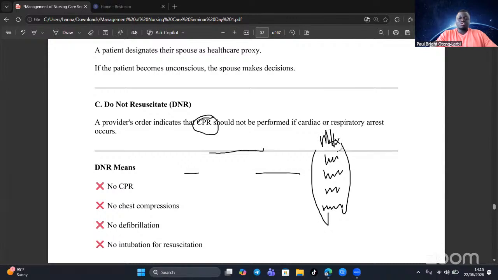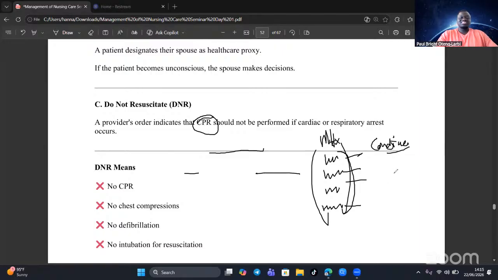So this patient with all these organ problems, if they should get cardiac arrest, I don't think even if you resuscitate him, he will come back to life.